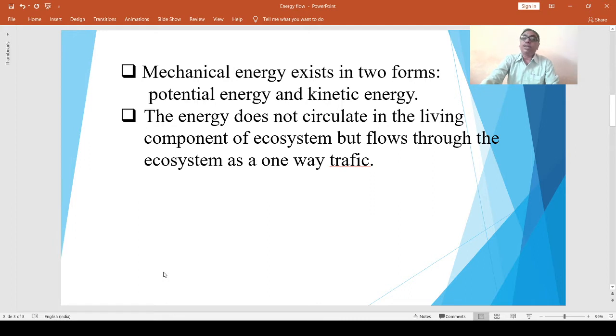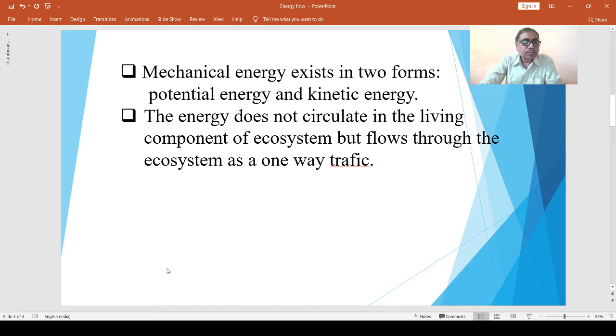It is neither created nor destroyed. And about the second law of thermodynamics, it states that there is no transformation of energy unless there is a change from concentrated to dispersed form.